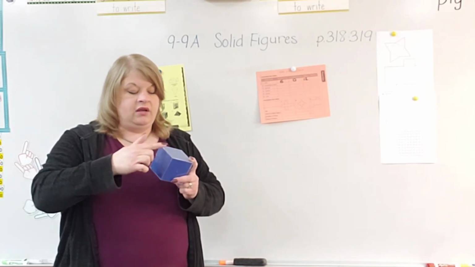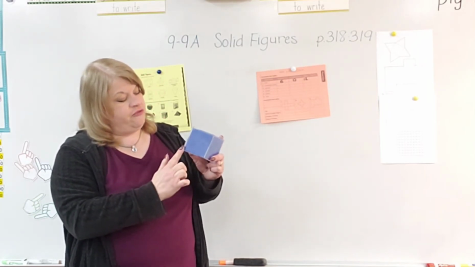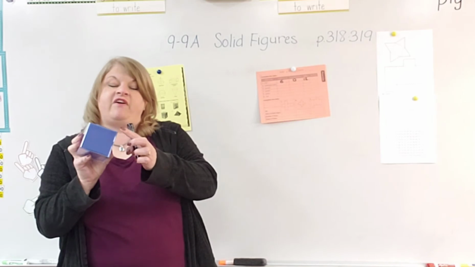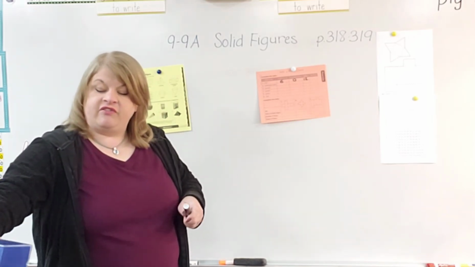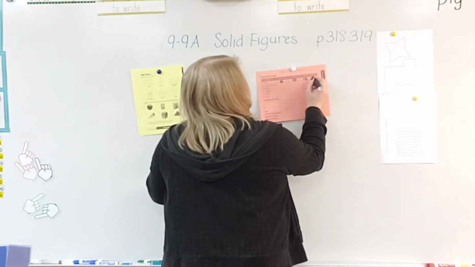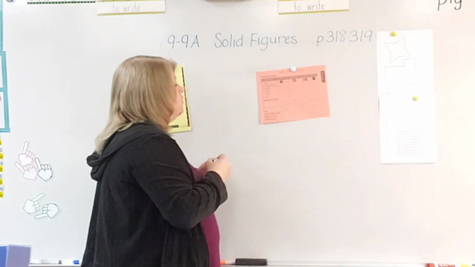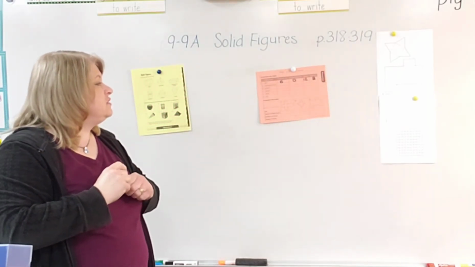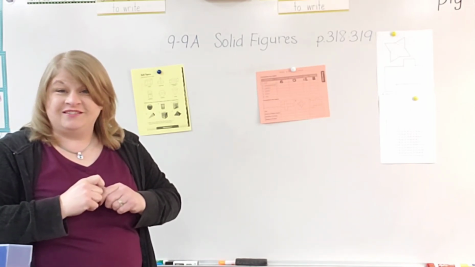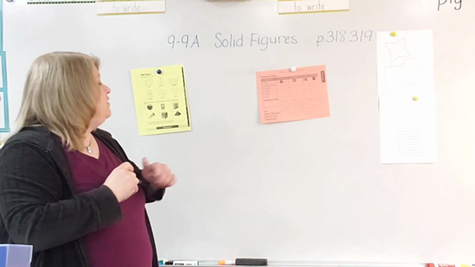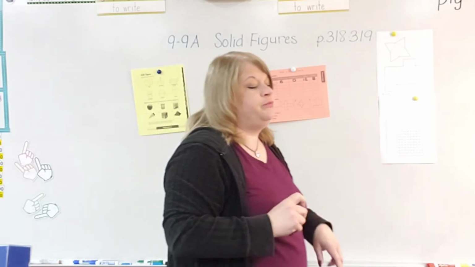So we have 1, 2, 3, 4, 5, 6, 7, 8. 8 of them. So a cube has 6 flat surfaces, 0 curved surfaces, 12 edges, and 8 vertices. All right, got that?